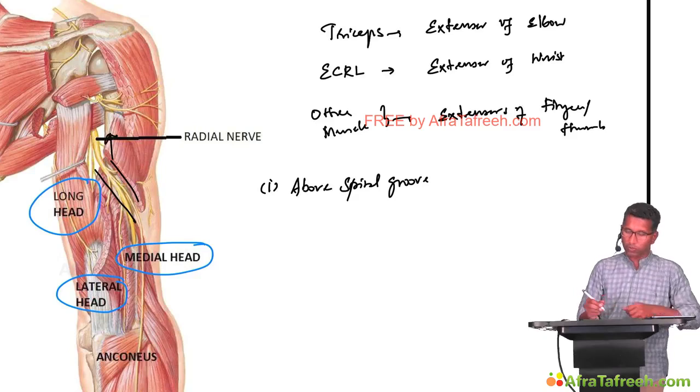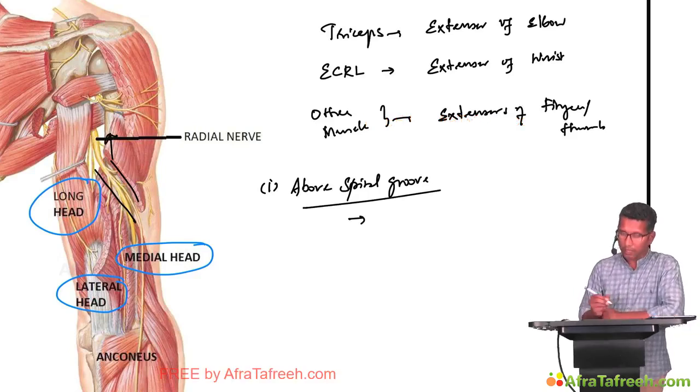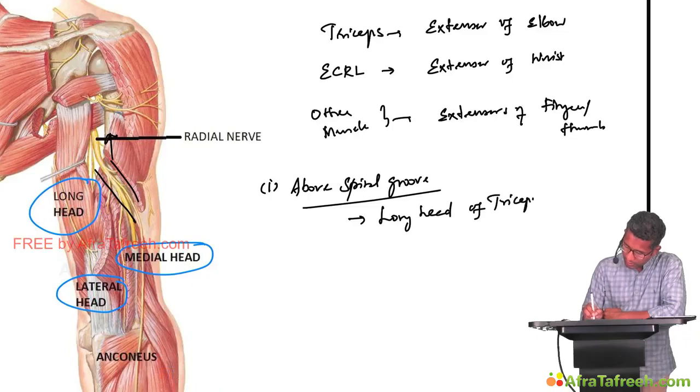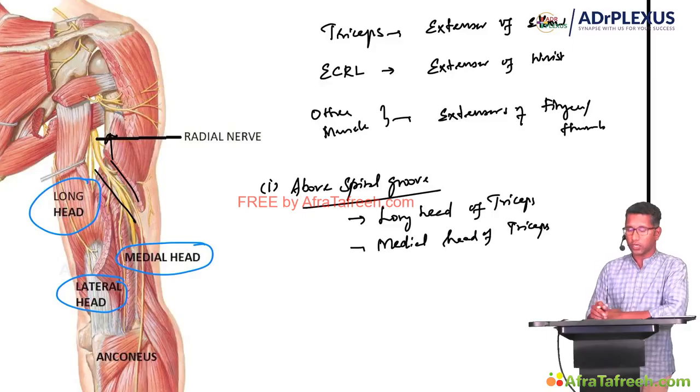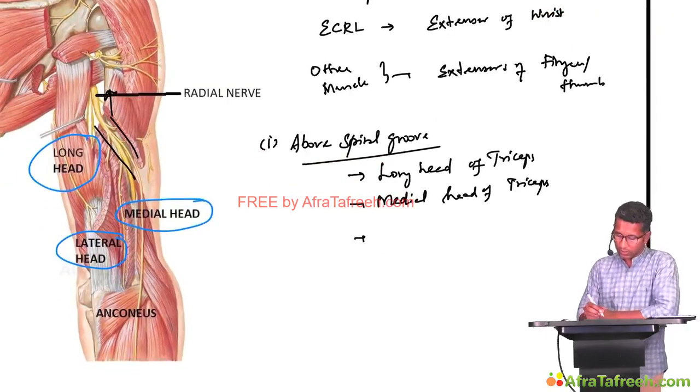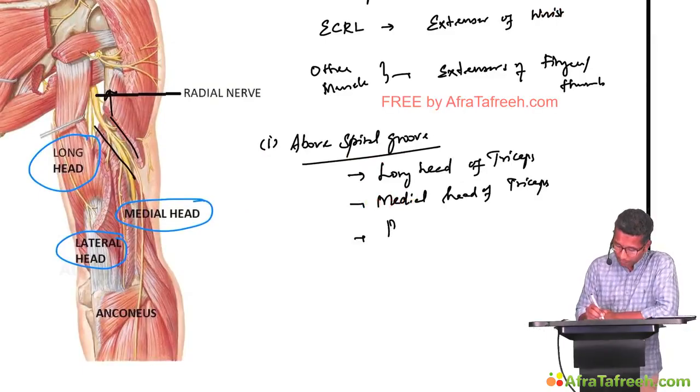Just above the spiral groove, this nerve supplies the long head of triceps and the medial head of triceps. It also gives a cutaneous branch above the level of the spiral groove, called the posterior cutaneous nerve of the arm.